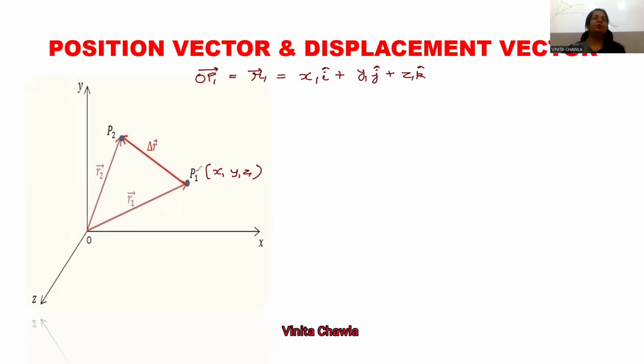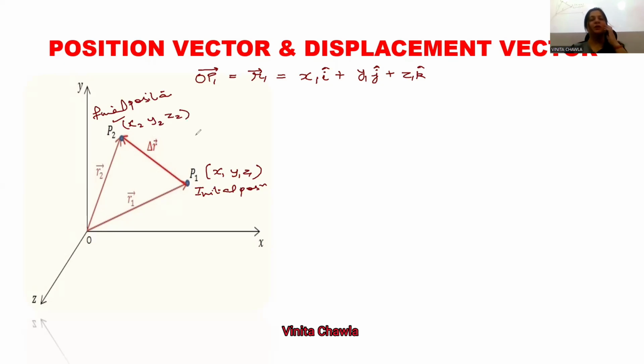Okay, now suppose this object has moved from this position P1 to the position P2. So this is the initial position of the object, and this point P2 is the final position of the object. Okay, so at point P2 the coordinates will change. Now the coordinates are x2, y2, and z2.